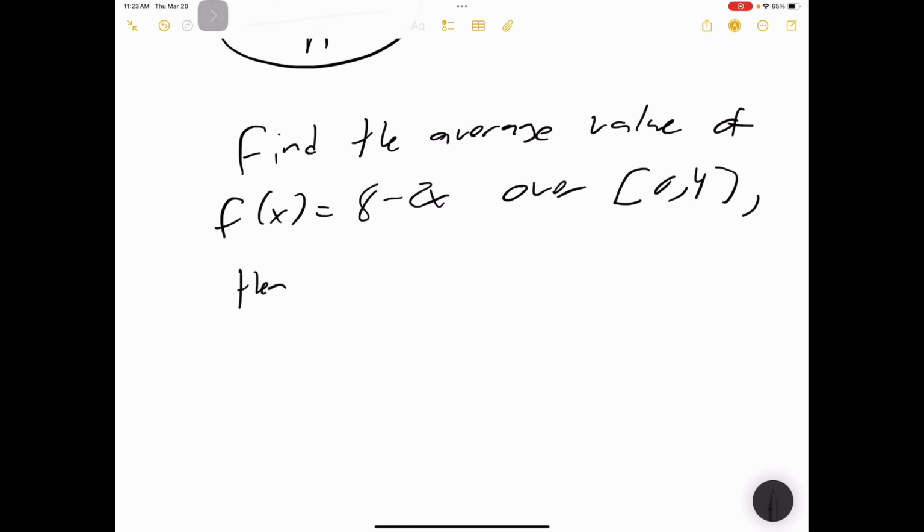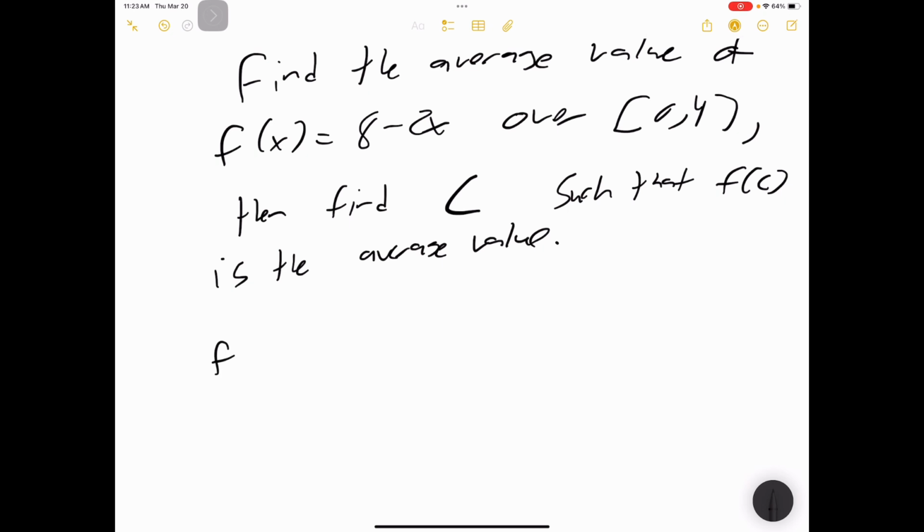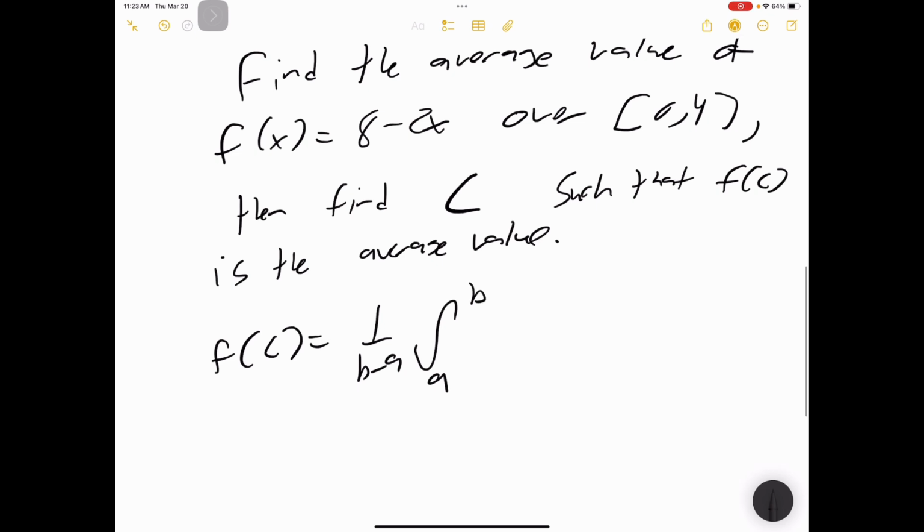And then we'll find c such that f of c is the average value. Awesome. So we have our formula. f of c is equal to 1 over b minus a times the integral from a to b of f of x dx. And let's just start plugging things in.